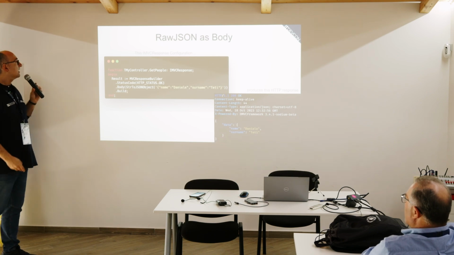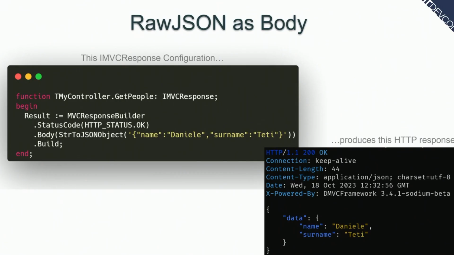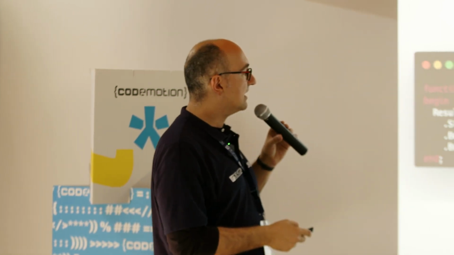If you return raw JSON, the framework is smart enough to understand that it doesn't have to serialize the JSON object, but just returns the JSON representation of the object directly. And this is the case.